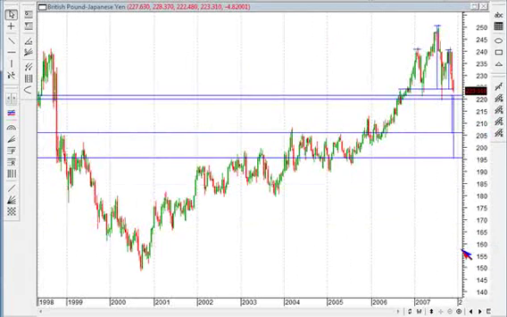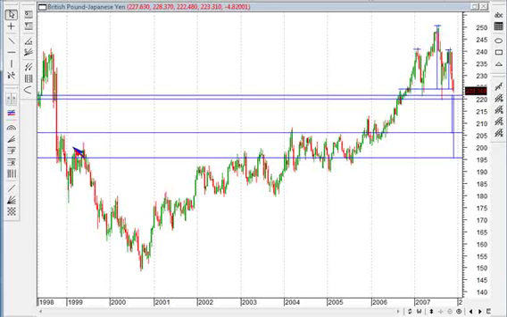And sure enough, that level of 196 lines up with what was support between 2004 and 2005, and served as resistance in 2003. And strangely enough, or maybe it's not so strange, it lined up as the resistance level in 99 and the support level in 98.